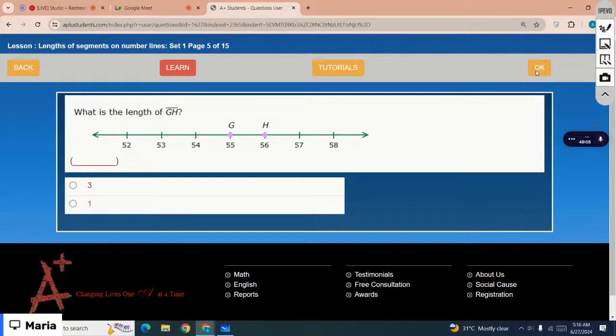What is the length of GH, which is the correct option? Yes, the correct option is 1.